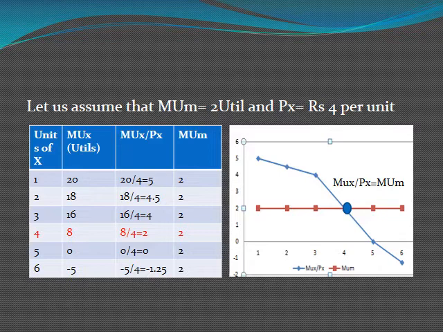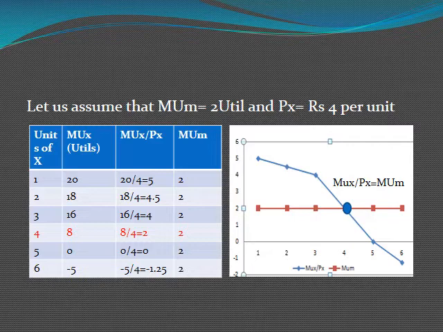So let us talk about the fifth unit, and let us talk about the third unit. When we talk about the third unit, it is 16 divided by 4, which is equal to 4. So the marginal utility of X divided by P of X, that is marginal utility in monetary terms, is greater than the marginal utility of money.